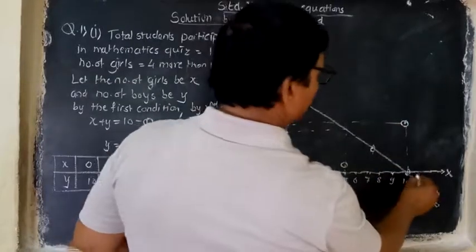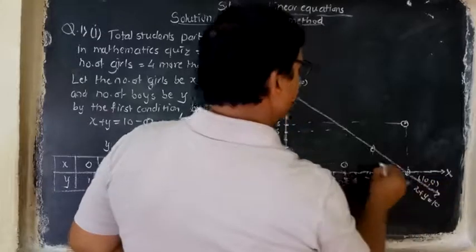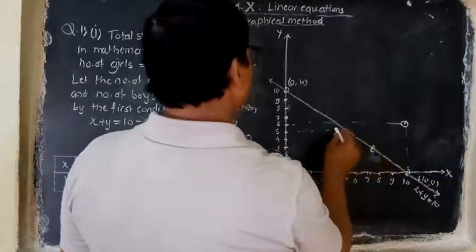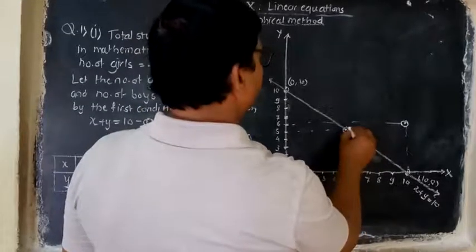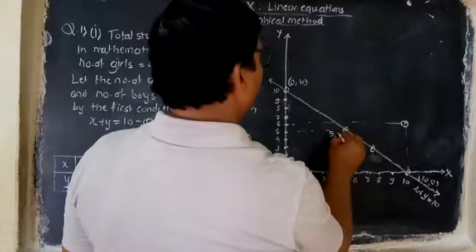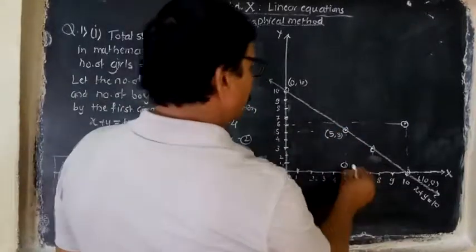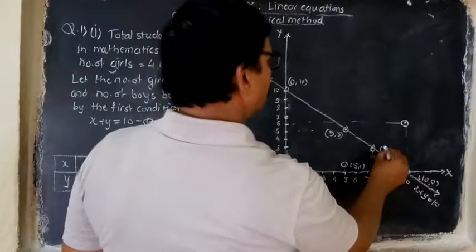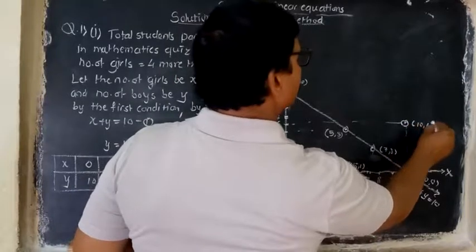Here (0, 10) is this point, (10, 0) is this one, and this is (5, 5). Next the points are (5, 1), then (7, 3) and (10, 6).